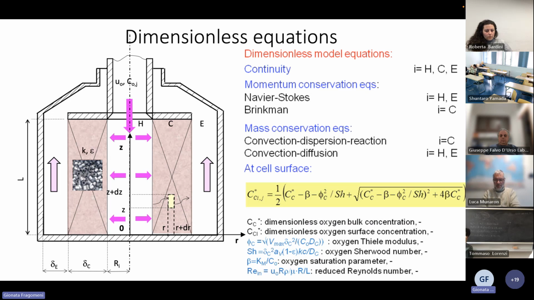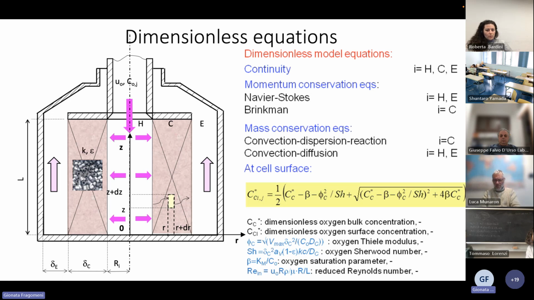bioreactor, and in this zone we have the medium and the scaffold. In this zone we have a central channel, and on the left or on the right we have the annular vessel, the annular channel.